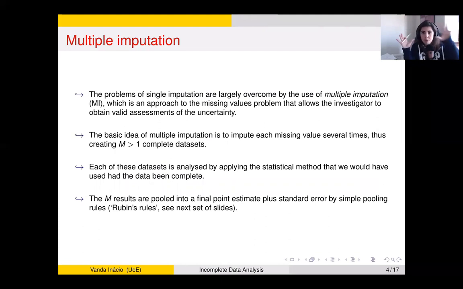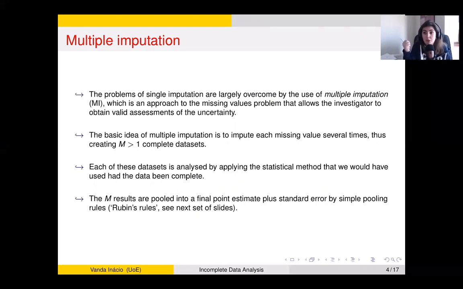Say 3 copies of our original data set. So we have 3 data sets with missing values, and we will impute for each data set the missing values. So at the end, I have 3 data sets with imputed values. And then I perform my analysis of interest in each of the completed data sets.